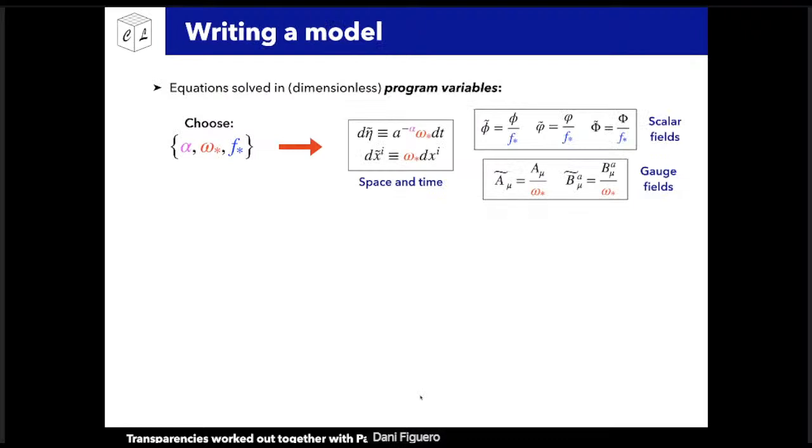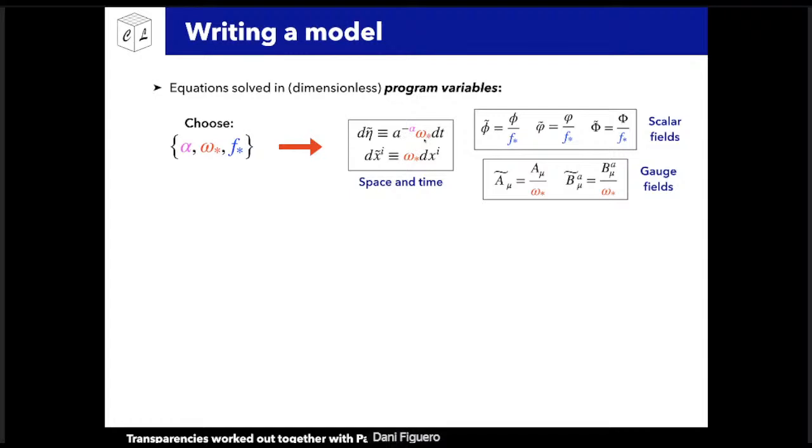In order to solve the equations, the computer doesn't know anything about units. So essentially, you have to choose program variables in order to make your variables dimensionless. Essentially, you have to choose three constants. Typically, alpha, which is a conformal redefinition of your time variable, and it just amounts to choosing this coefficient here. a is the scale factor.